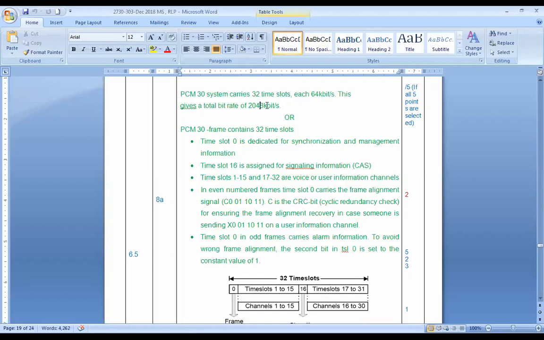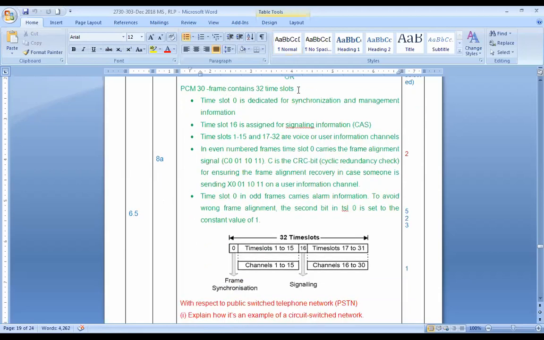Yeah, so we should be getting exactly 2048. Each is pertaining to 64 kbps, right? And when I multiply it with 32, I'm getting the number 2048, which means 2 Mbps. Fine.